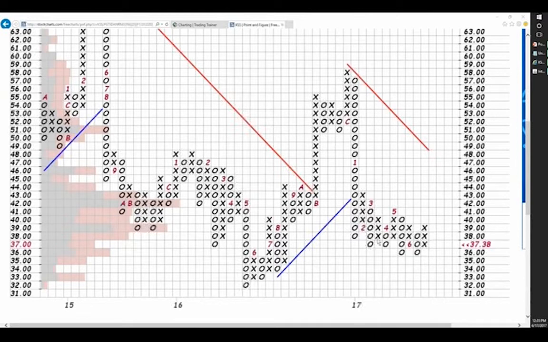So you wouldn't actually see an increment, one movement to the right, like you would on a price and volume chart for every daily bar; these columns occur after there's a reversal. And the column only has price action moving in one direction. So O's mean it's going down, and then after a reversal it comes up, and then after a reversal it goes down, and then up, down, up, down, up, down. And this could happen quickly or it could happen slowly.